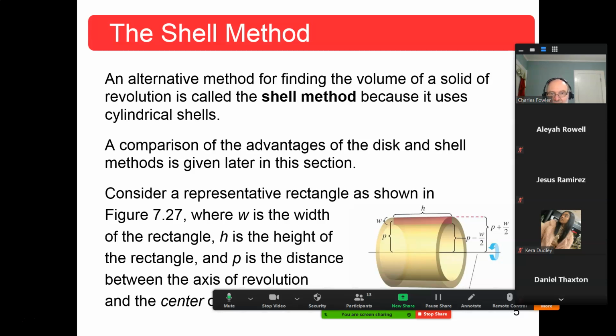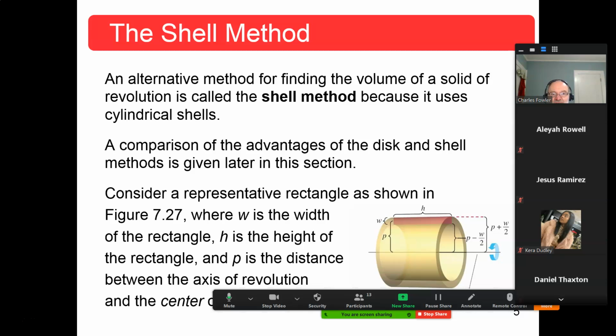Here's basically what it is. An alternative method for finding the volume of a solid of revolution is called the shell method because it uses cylindrical shells. A comparison of the advantages of the disk and the shell method is given toward the end of the section, so don't sweat that yet.